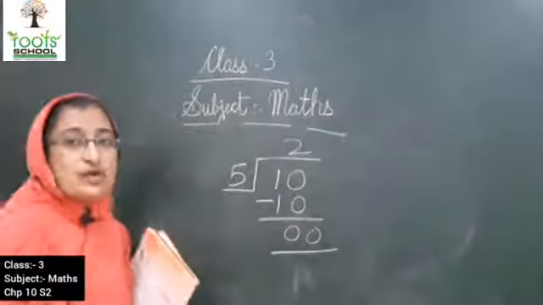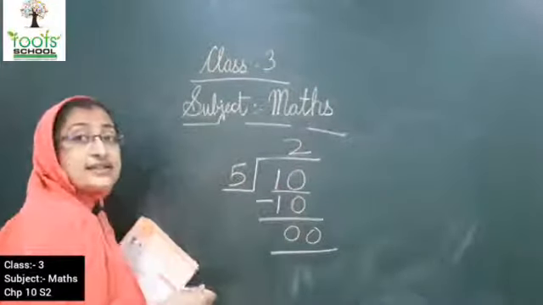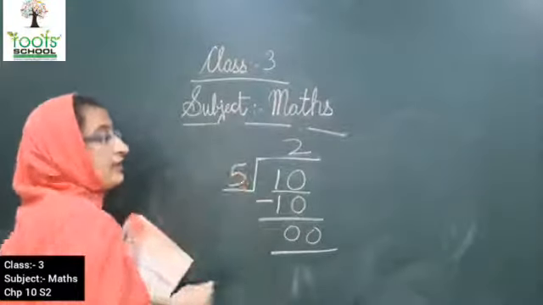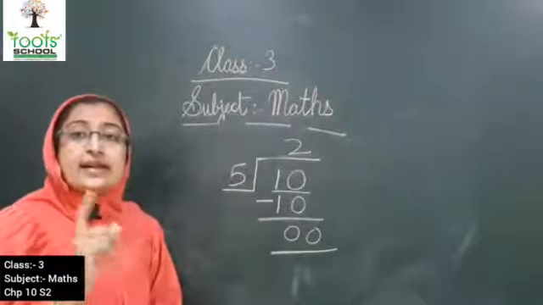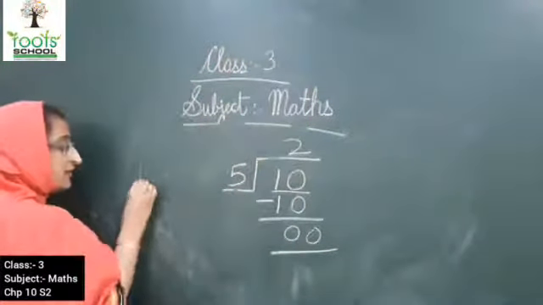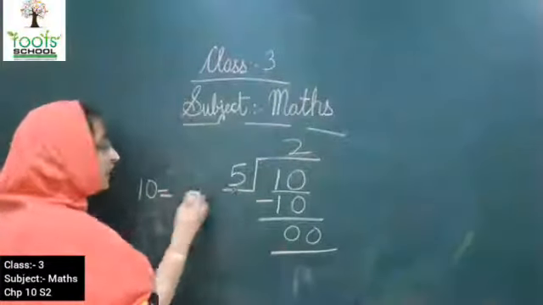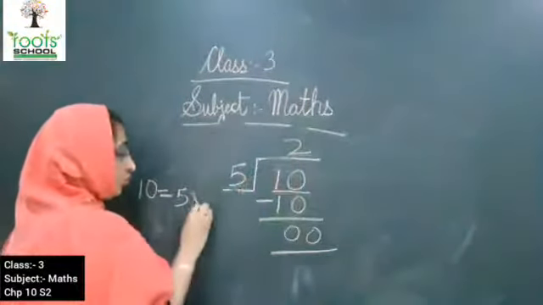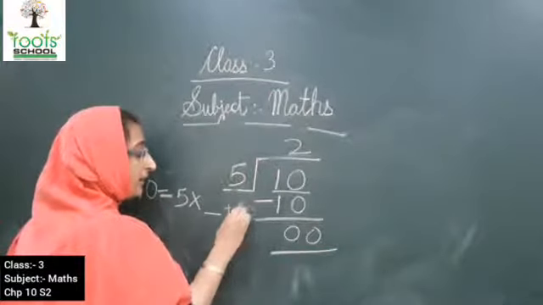So here what is the dividend? Dividend is 10. And what is the divisor? The divisor is 5. So dividend is equal to divisor, 5 into dash, plus the remainder.